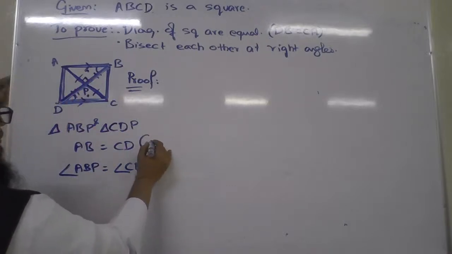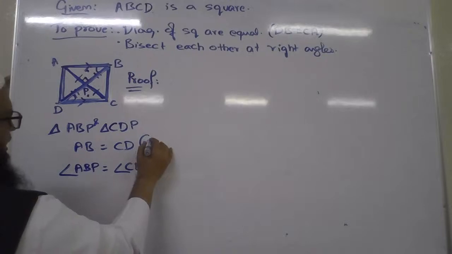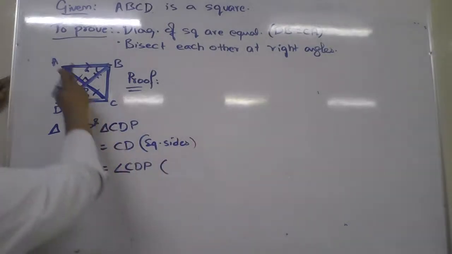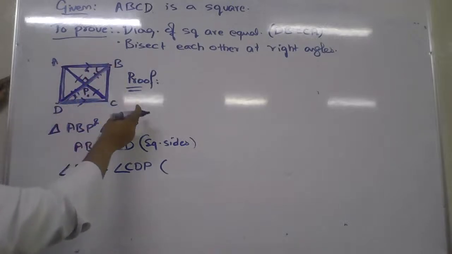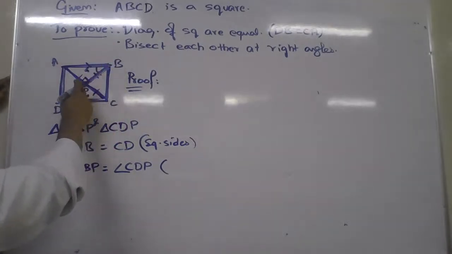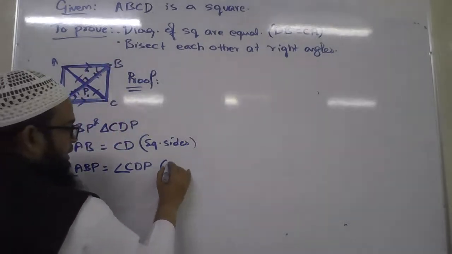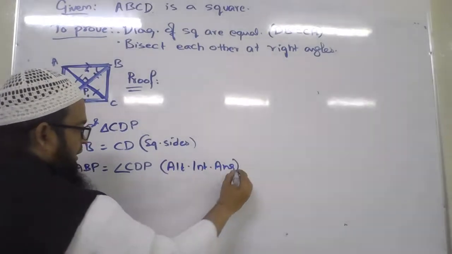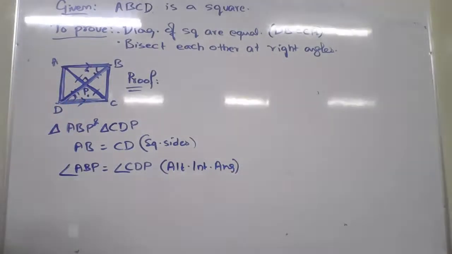So AB is equal to CD because equal sides, and ABP is equal to CDP. Why? Alternate interior angles.